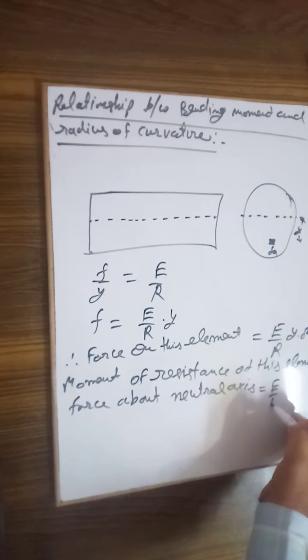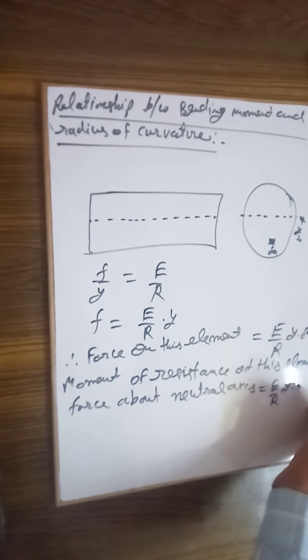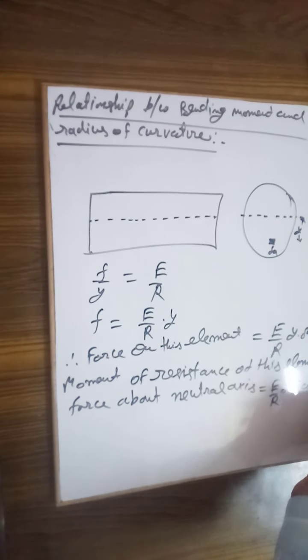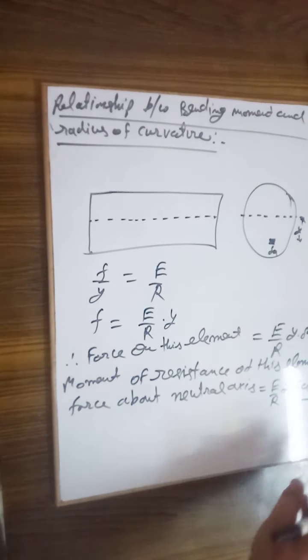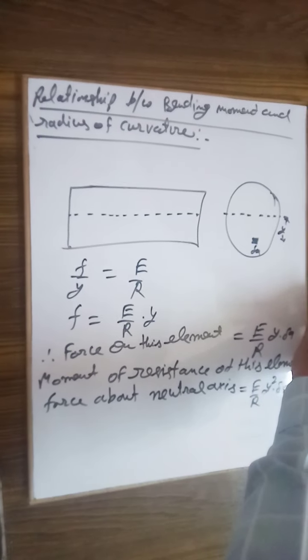So it is E upon R into y into delta A into y. That can be written as E upon R y square delta A. So this is our equation number 4 now. Okay, so now I think it is visible to you.